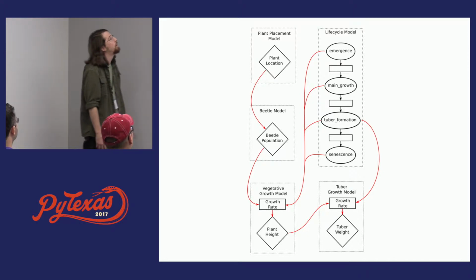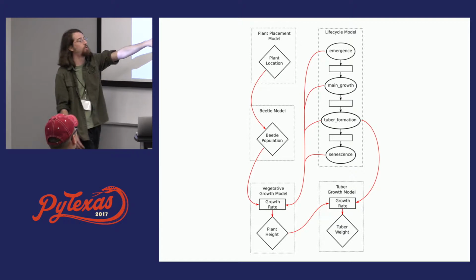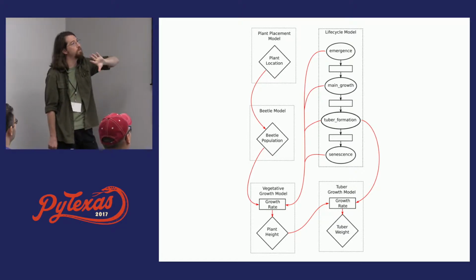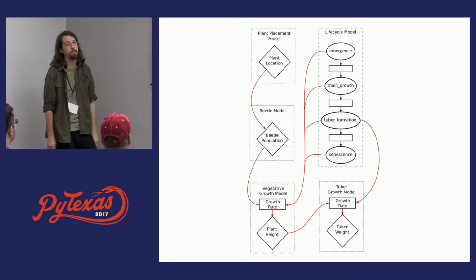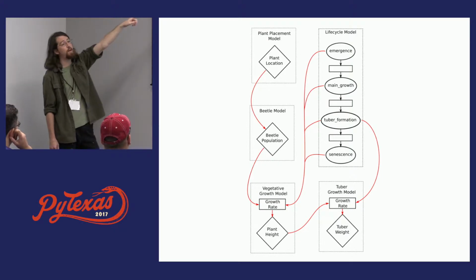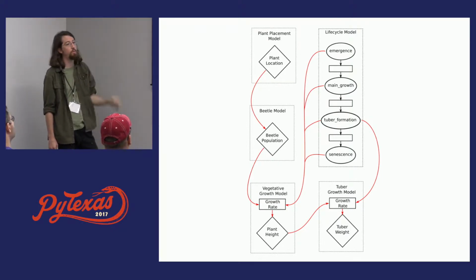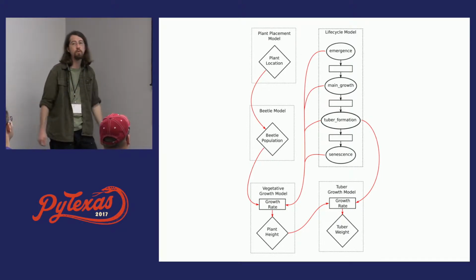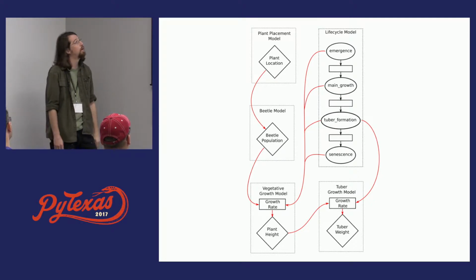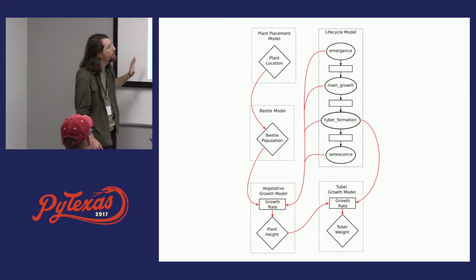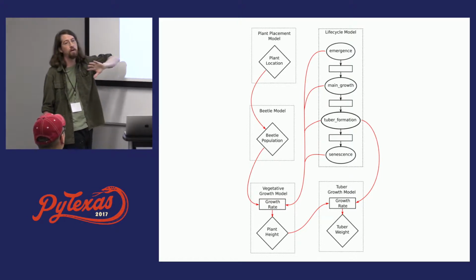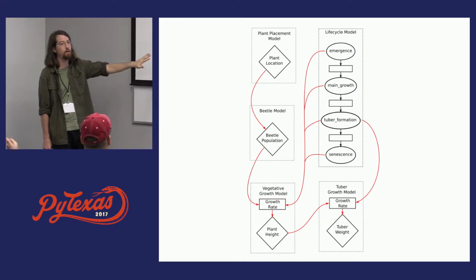In this model, the only relationship that this has to the rest of the system is XY coordinates for the plants, basically. So I can pull that guy out and replace it with a more sophisticated model where I'm planting in rows or other ways of organizing plants in a field without changing any of these, because they don't care how the plants are planted, they only care where they are.